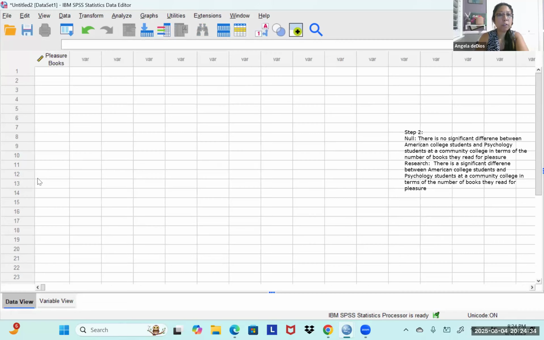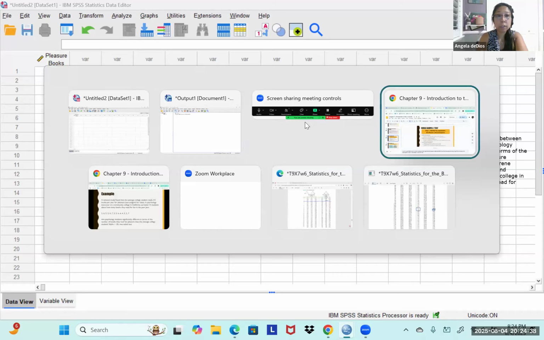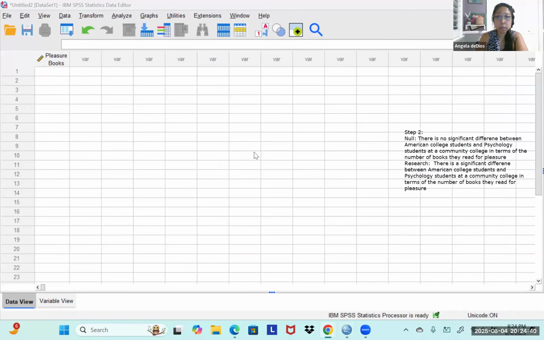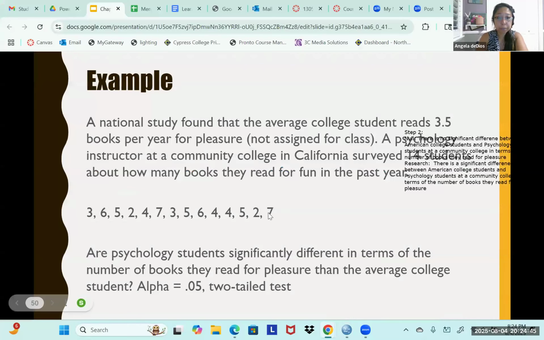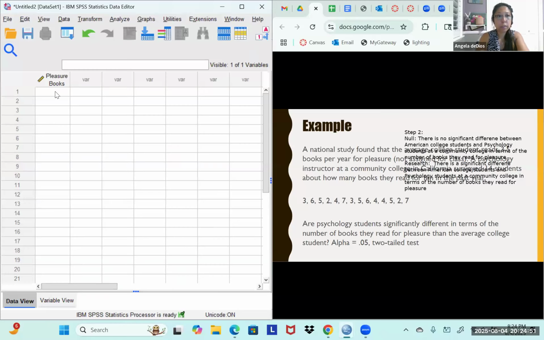Okay, I'm going to go to data view and I'm going to input the data. So the data is actually here. So I am going to pull this to the side. I'm going to input the data here.